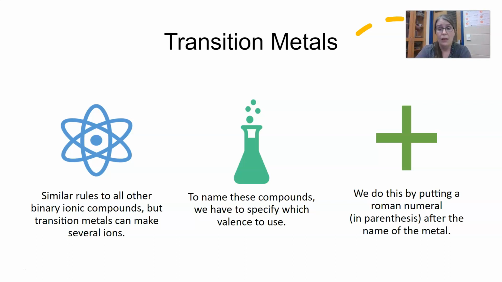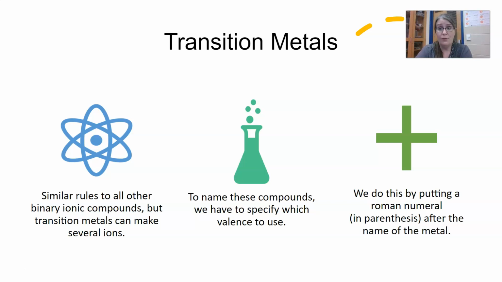For example, iron can form two ions, iron 2 plus and iron 3 plus. If I form iron 2 oxide, I get a black solid that can be even shiny, it's magnetic.